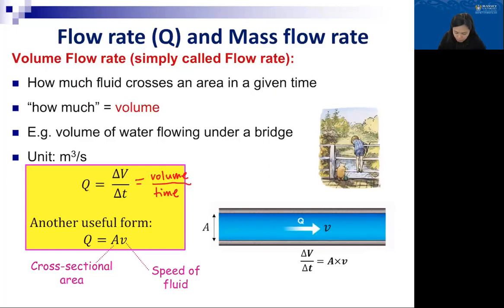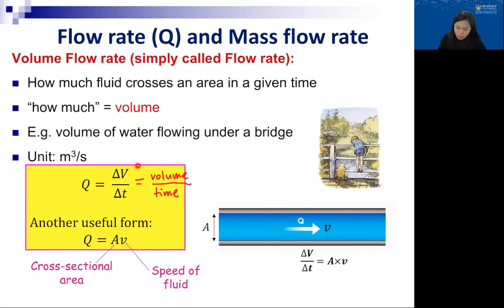And so we can also have another useful form for flow rate being the cross-sectional area of the pipe or the thing where the fluid flows, cross-sectional area times the speed of the fluid, right? So we have these two forms of equations that define the flow rate.